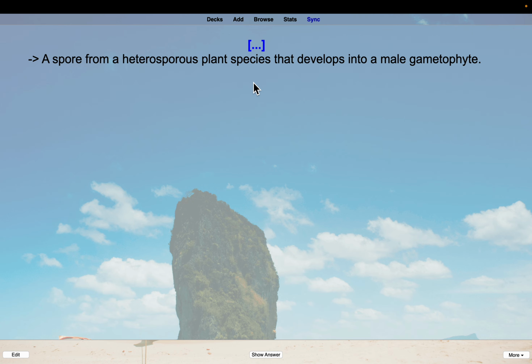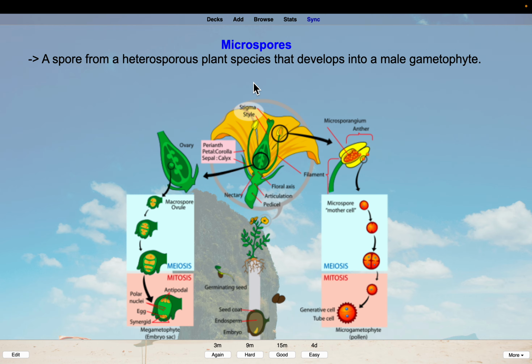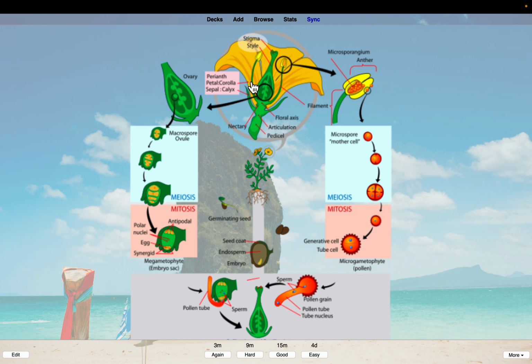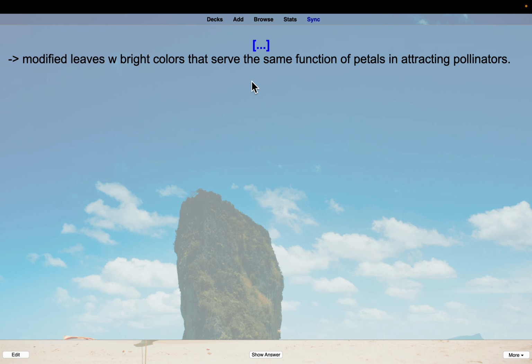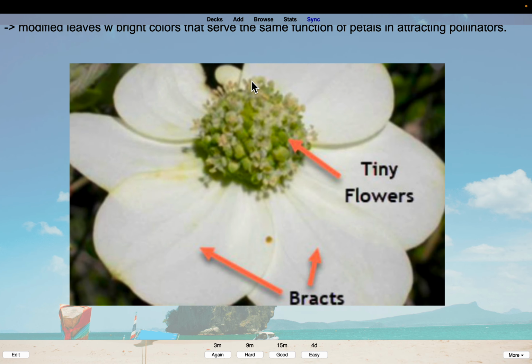Blank is a spore from a heterosporous plant species that develops into a male gametophyte. Microspores. Blank is the modified leaves with bright colors that serve the same function as petals in attracting pollinators. Bracts.